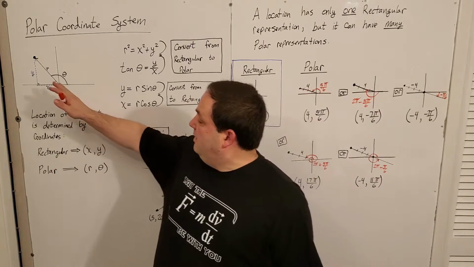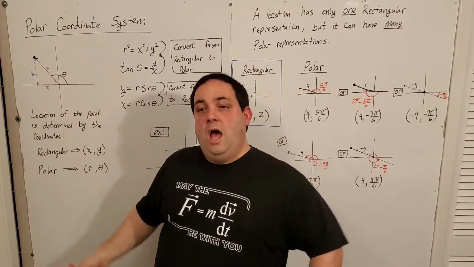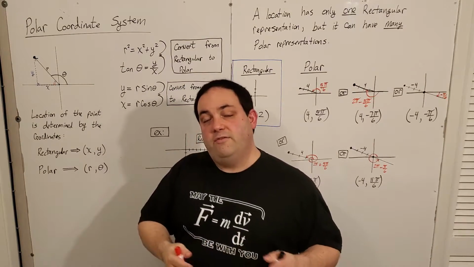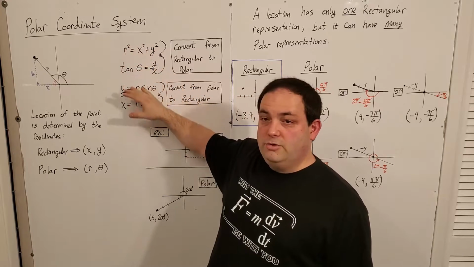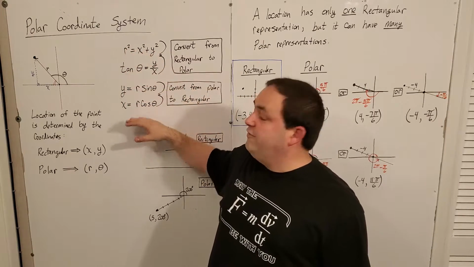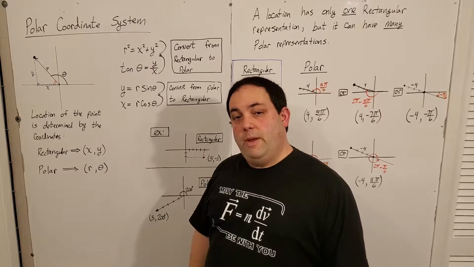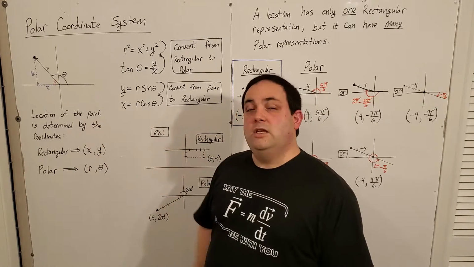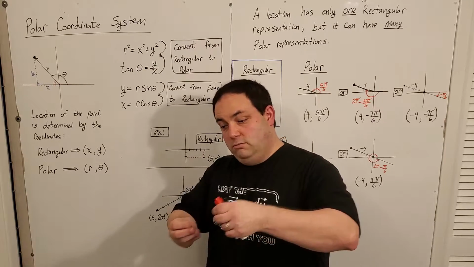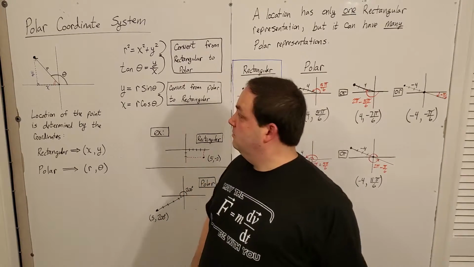Okay? Now the other concern is how do I convert back and forth between the two systems? Well, we're going to use normal trigonometry, and in fact, it should look somewhat familiar from when you were talking about vectors. It's the same exact math. We're just applying it to locations rather than directed line segments, okay?